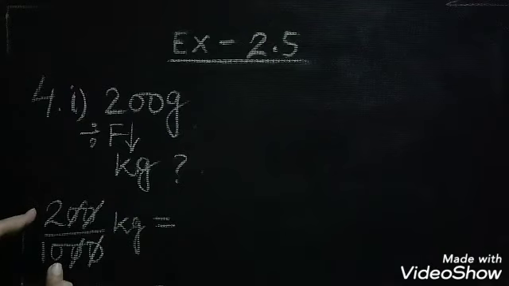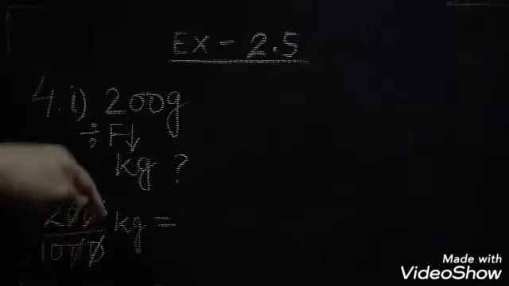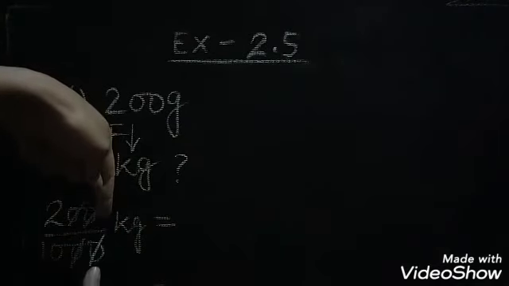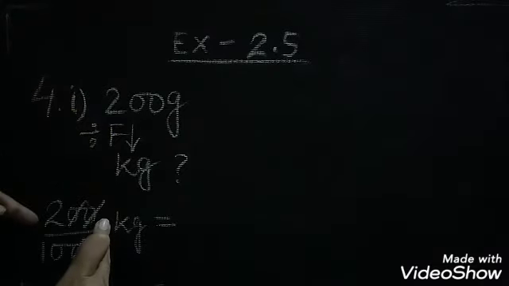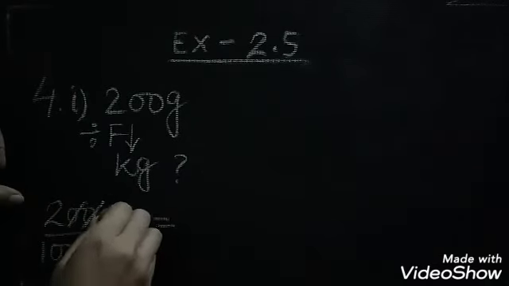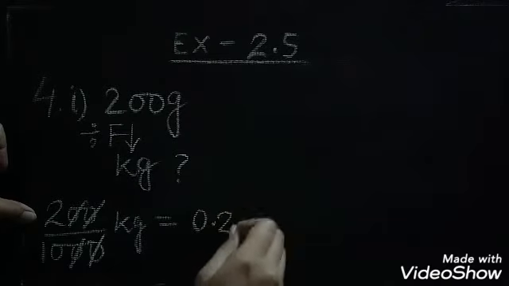While you can also do without cancelling, as assuming that the decimal is here initially, and then 1, 2, 3 zeros are counted, so the decimal will shift 3 places to the left, which is the same effect as even after cancelling. You can see that. So the final answer is 0.2 kg.